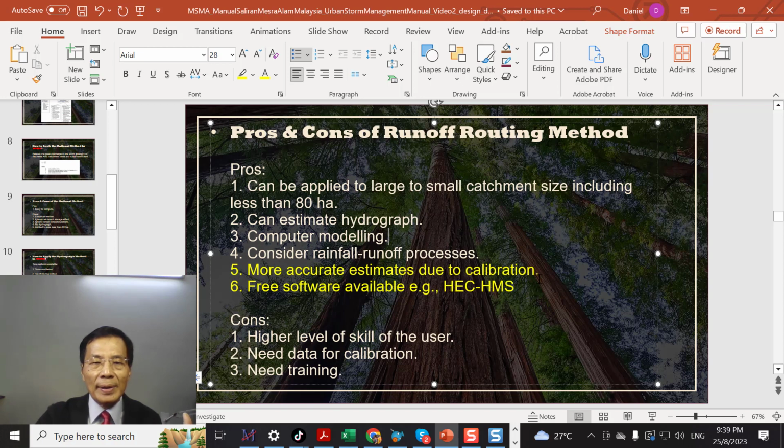Number four, it considers the rainfall runoff processes. Number five is the results are more accurate because of the calibration process. Number six is there are free software available. Example, the HEC-HMS software.